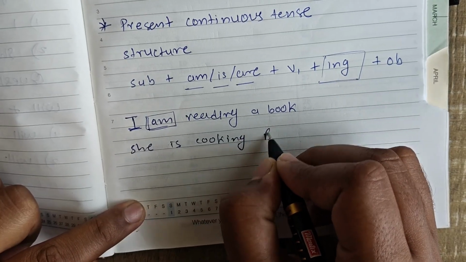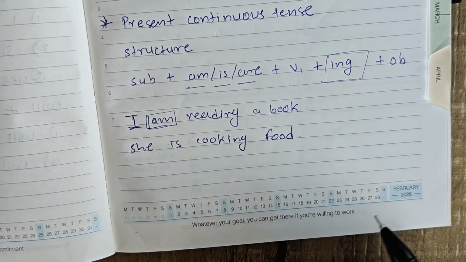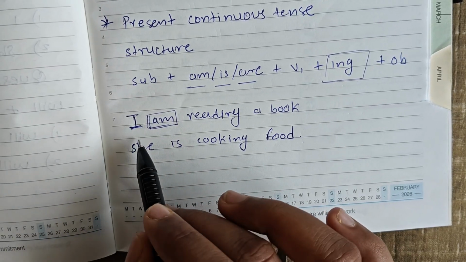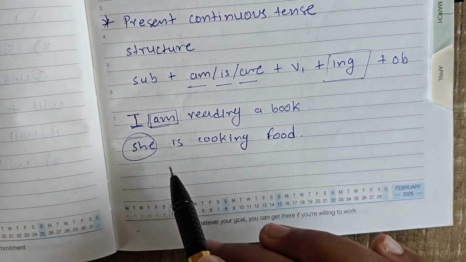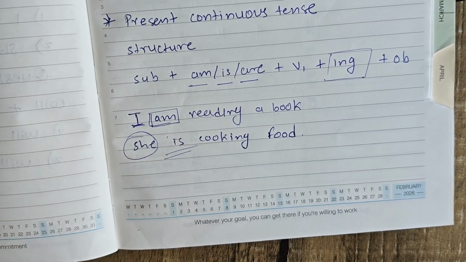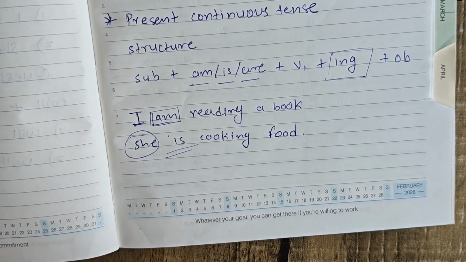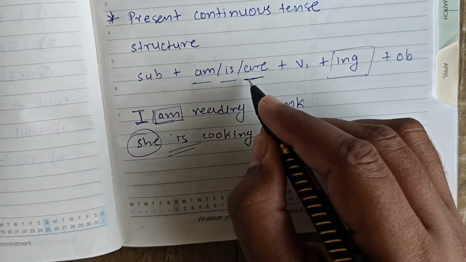This is an ongoing action. With a singular subject always use the helping verb is, and with a plural subject always use the helping verb are.